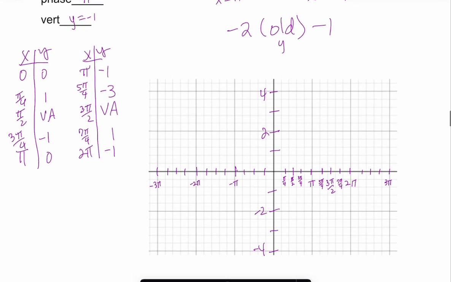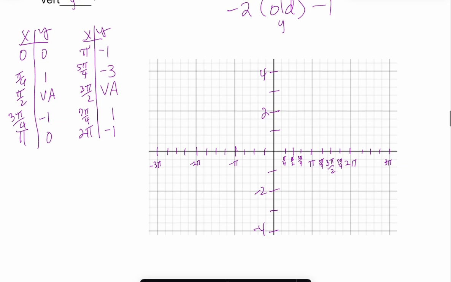So now that we have our chart, let's go ahead and put in our graphs. The first thing I would like to put on is my vertical asymptote. It's right here. And then I get half of a cubic. Now where's half the cubic?